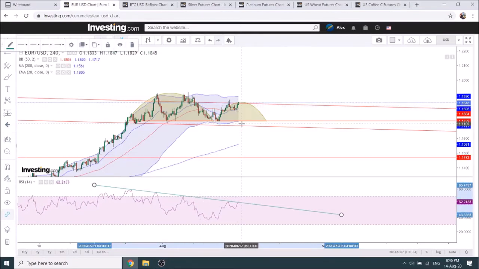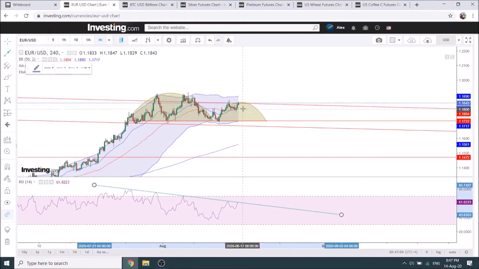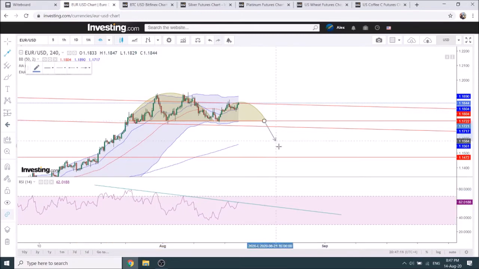And we have some inverted cup and handle figure that's forming, currently making the handle just right on the resistance trend line at 1.18. So I'm expecting some pullback from here, but we might continue to consolidate inside here, staying in that range between roughly around 1.18 until we would actually come and revisit the 1.17 before potentially breaking lower.